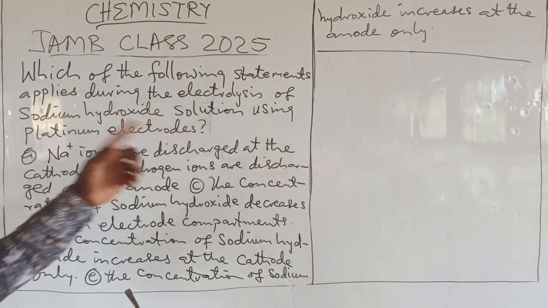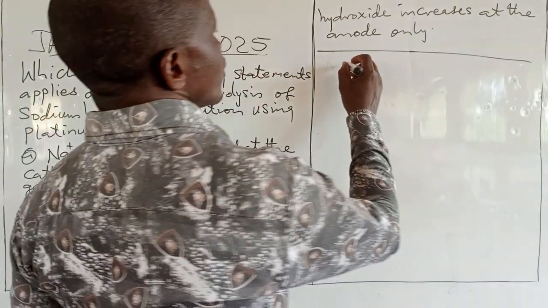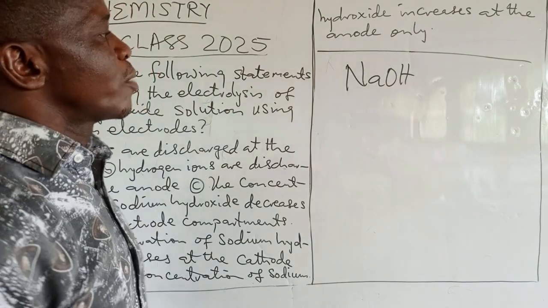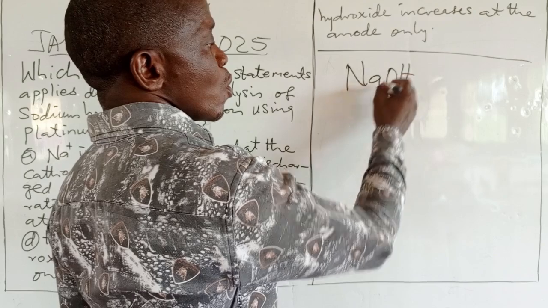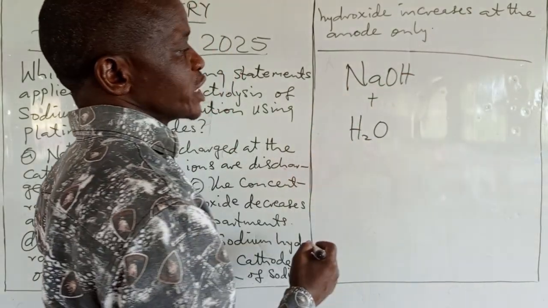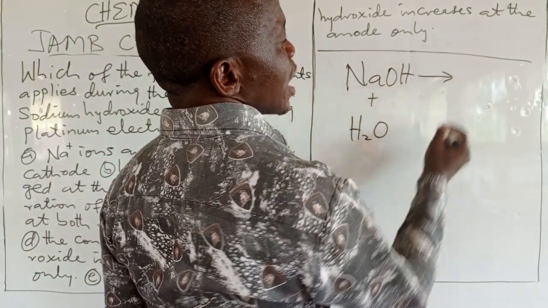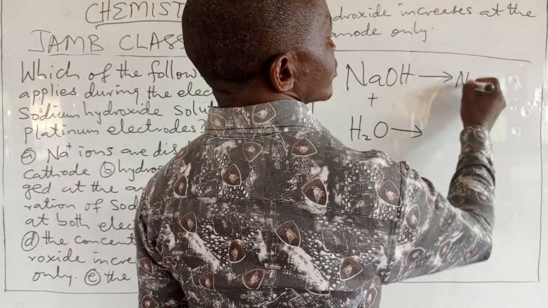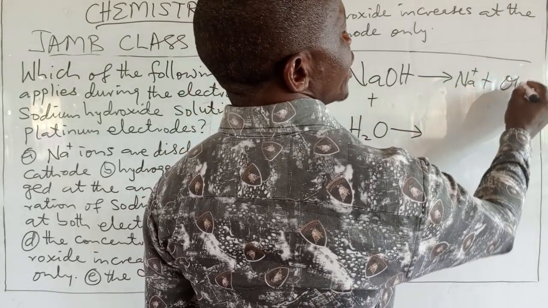They said electrolysis of sodium hydroxide. So sodium hydroxide, what's the formula? The formula is NaOH. That's the formula for sodium hydroxide. Sodium hydroxide solution, you are dissolving this in H2O, which is water. Now, when you dissolve this, they all will ionize to give you Na+ and OH-.